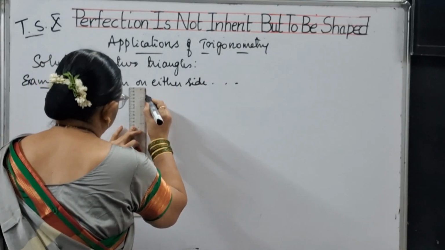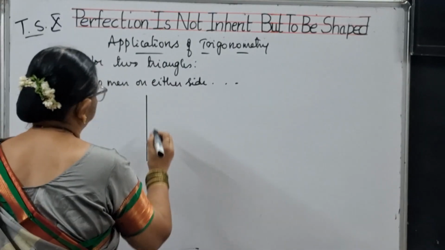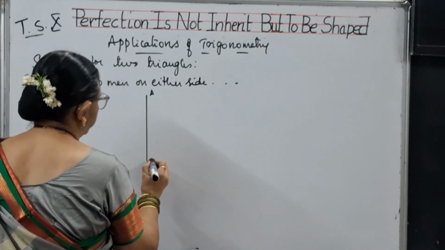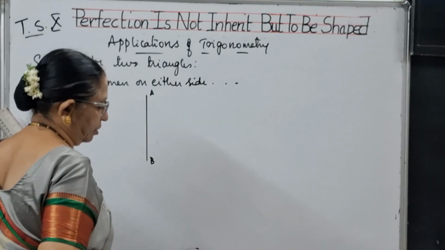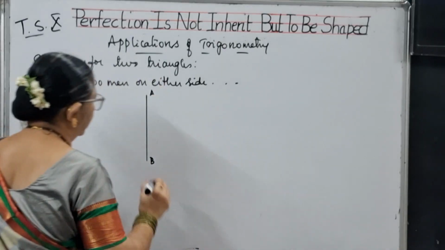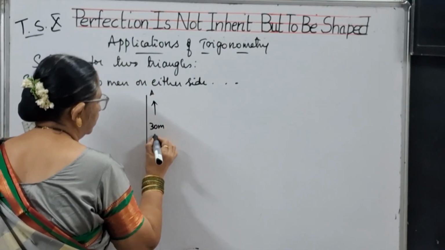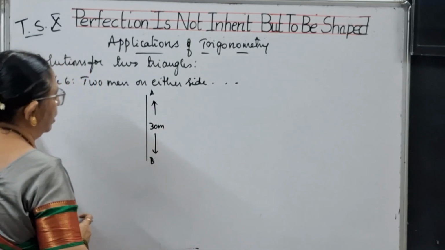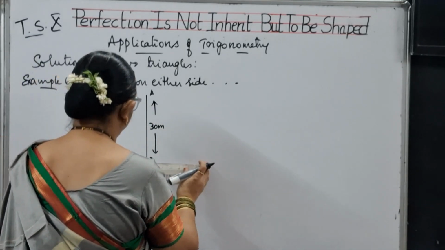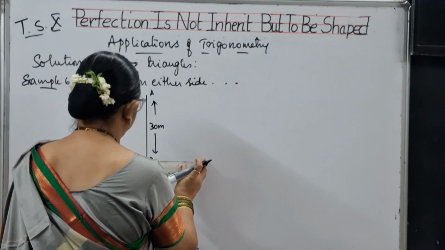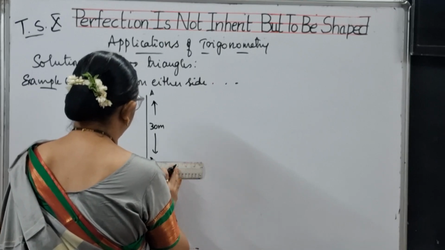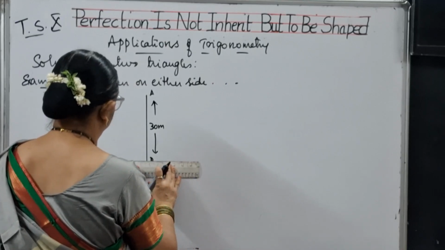Suppose this is the temple. Let me consider AB is the temple, and the temple height they have given is 30 meters. Now two persons are standing like this.